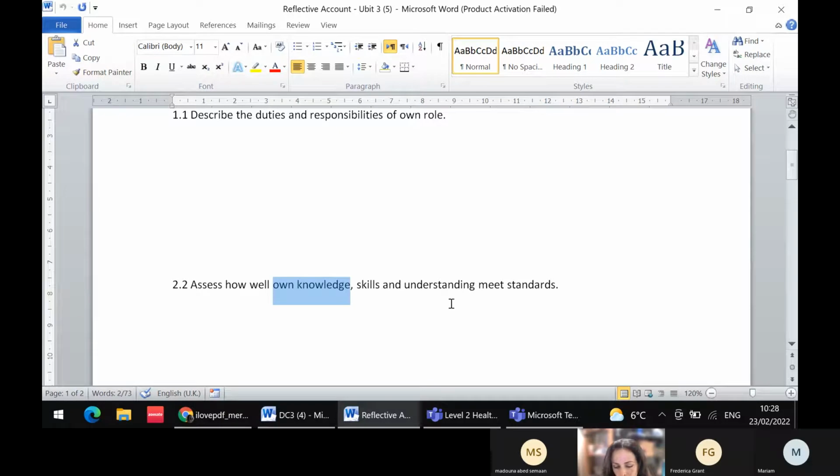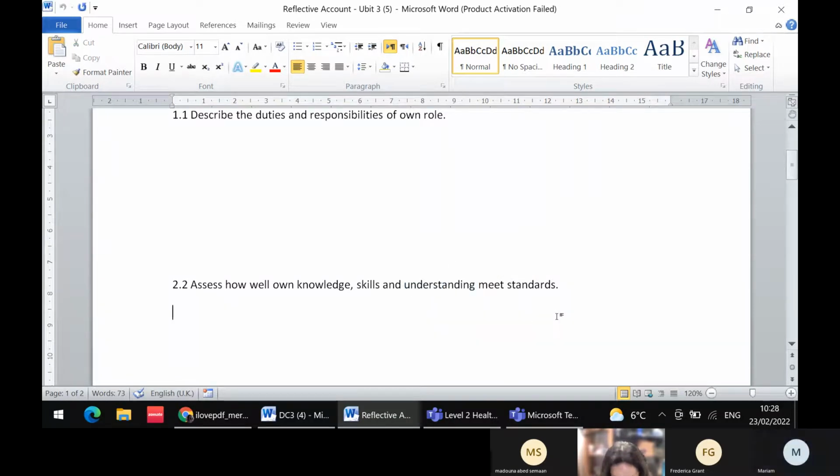So you can talk about the knowledge, which is taking care of someone in the family, and then the skills that you have, and how much you understand from the training we do, which is level 2 health and social care.